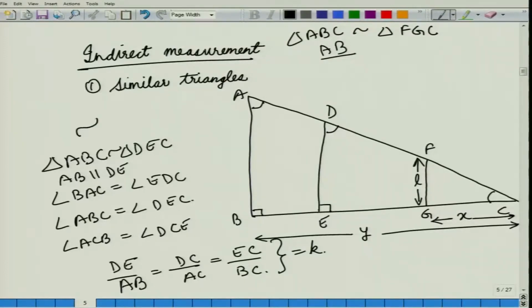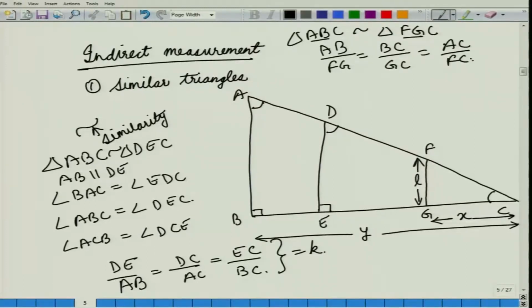Now, this symbol is the symbol of similarity. So, here also the proportionate sides would be having a constant ratio. So, we have AB upon FG is equal to BC upon GC is equal to AC upon FC.